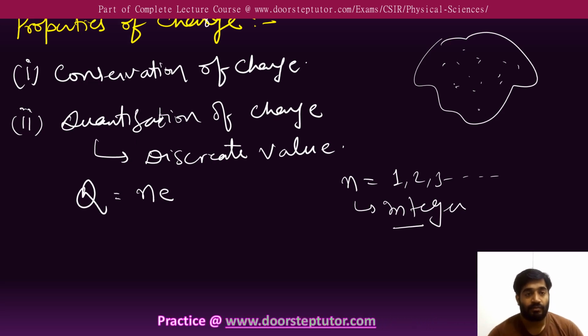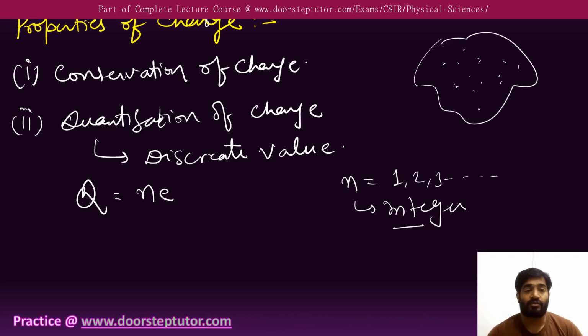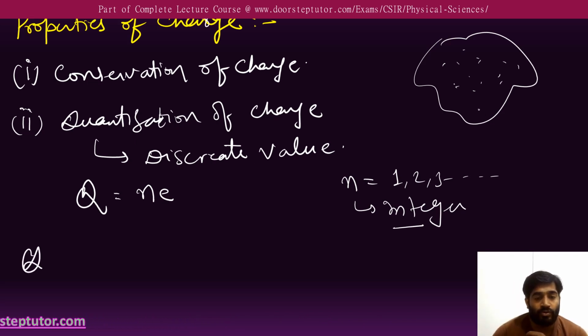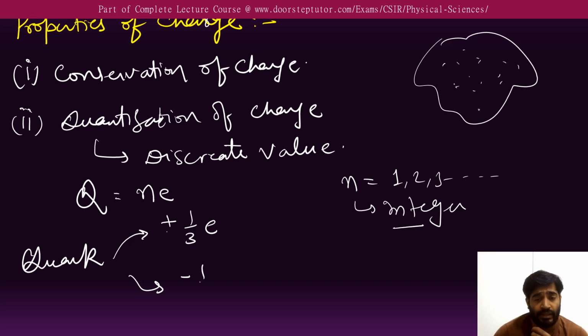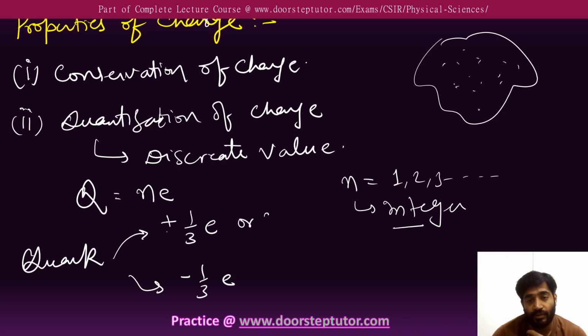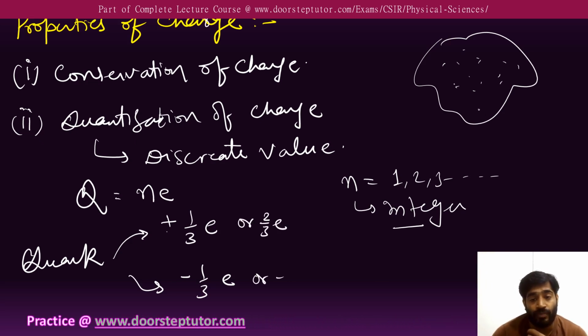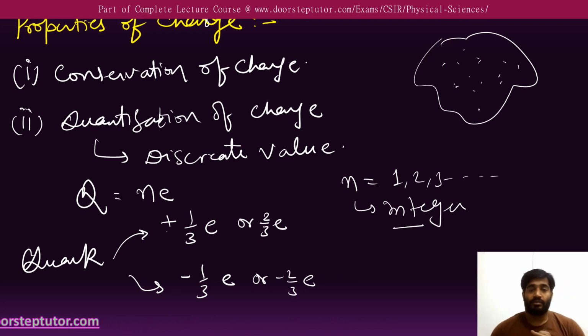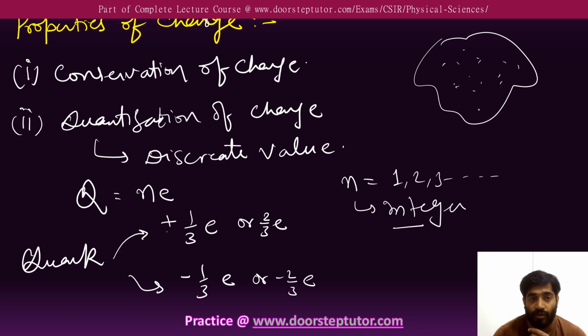But when we talk about quarks, there's a different concept. Quarks have charges of plus 1/3 e, minus 1/3 e, or 2/3 e, or minus 2/3 e. So what does it mean? Is the property of quantization of charge lost? No, the property of charge is not affected, because there is a difference between a quark and the charge of a body.